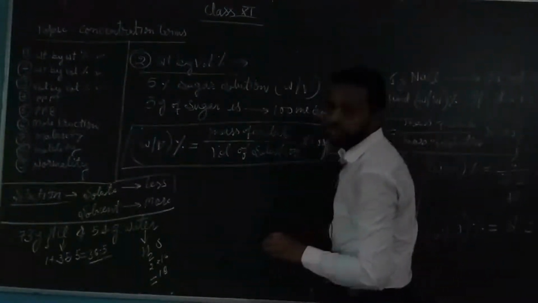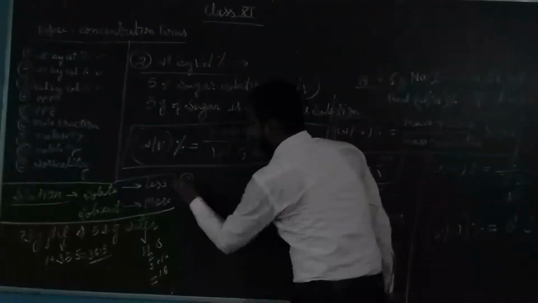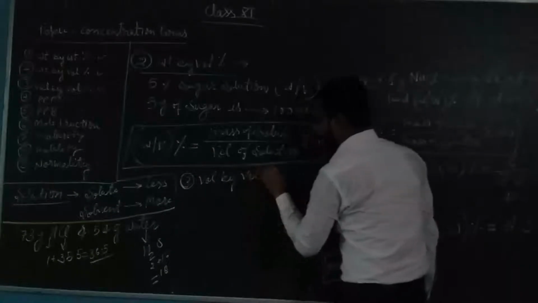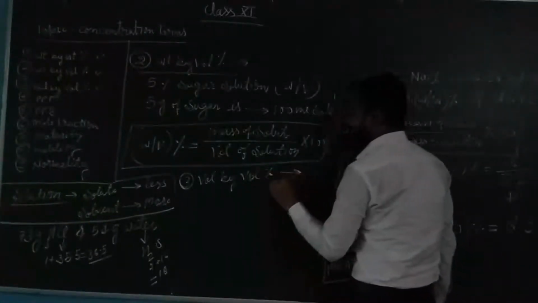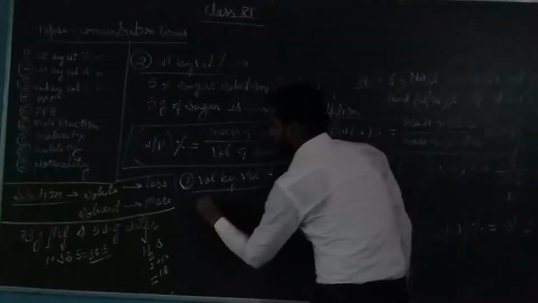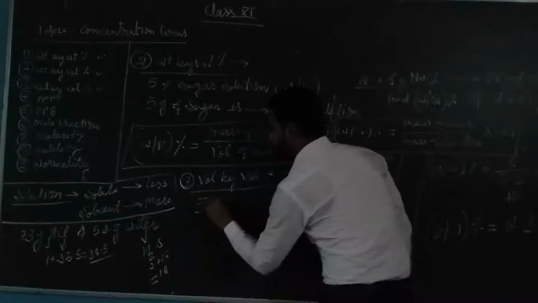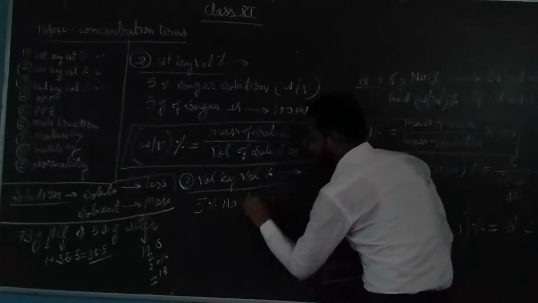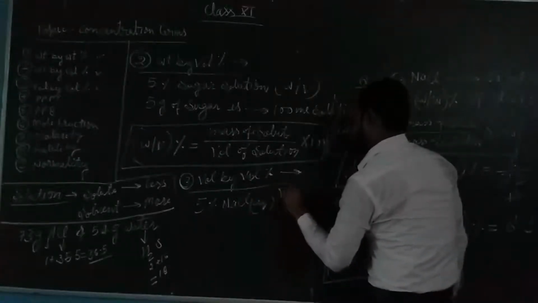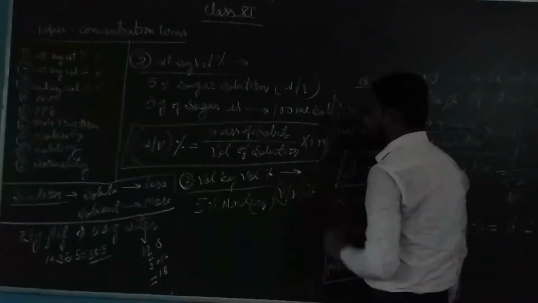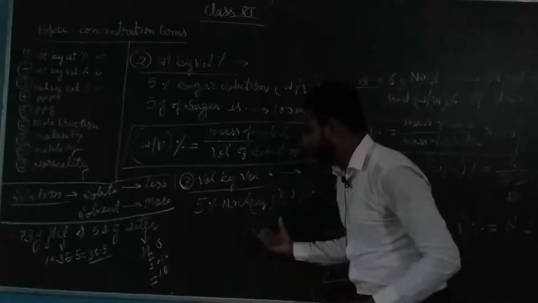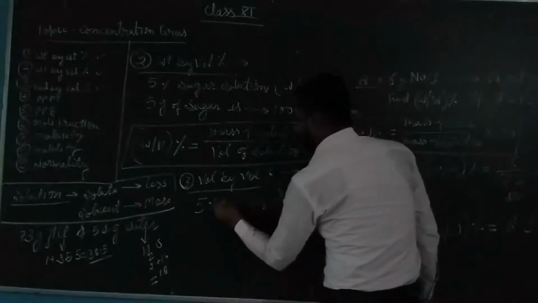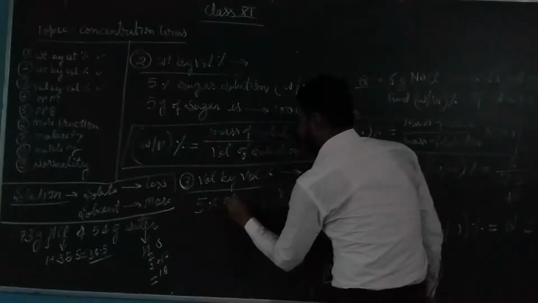And one more concentration term is volume by volume percent. If it is given 5% alcohol solution, volume by volume percent, what is the meaning of it?